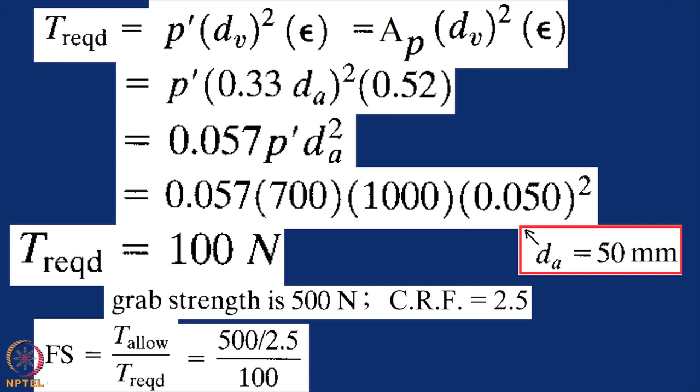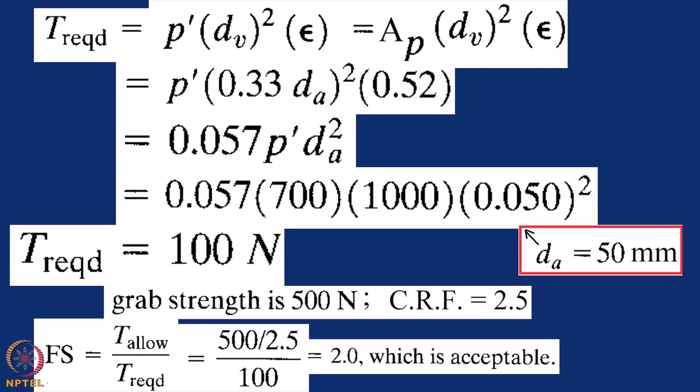T allow will be equal to 500 divided by 2.5, and T required is 100, which was determined. So, this will give you a factor of safety of 2, which is acceptable. Thank you.